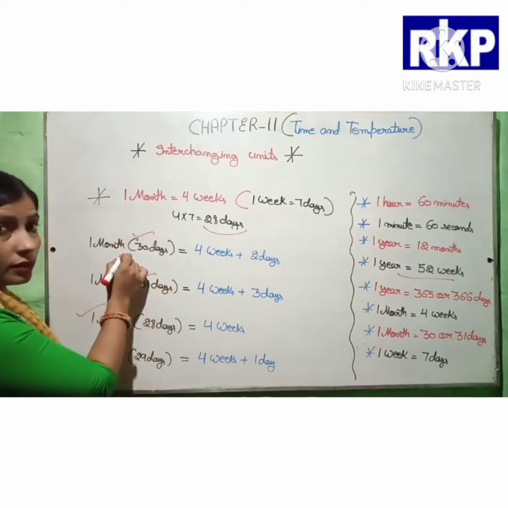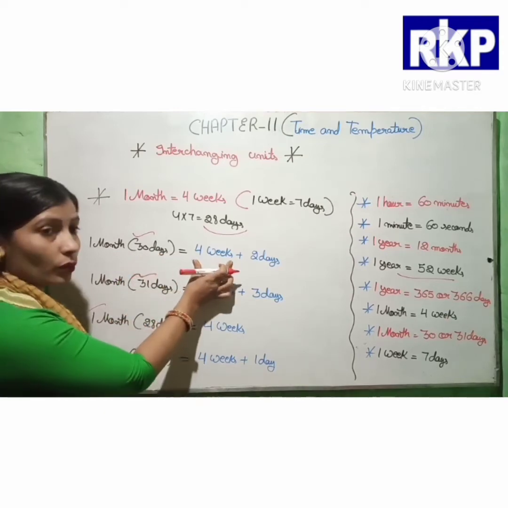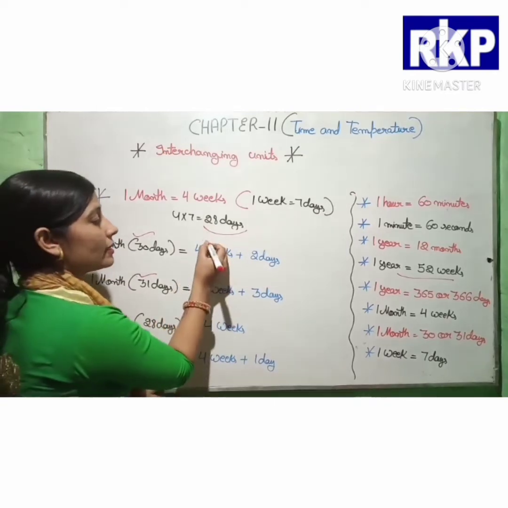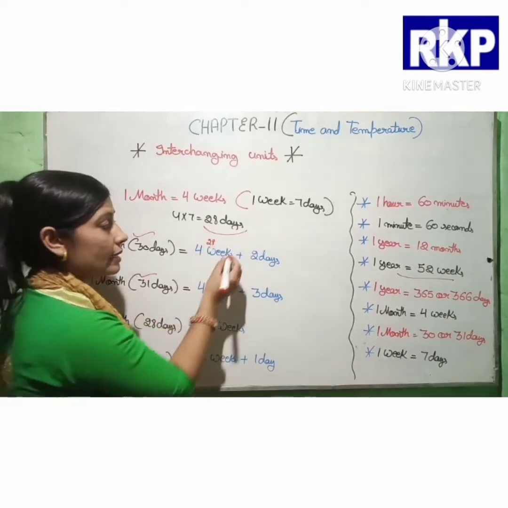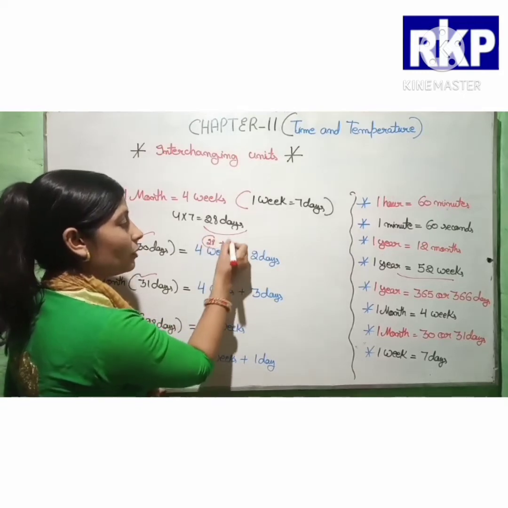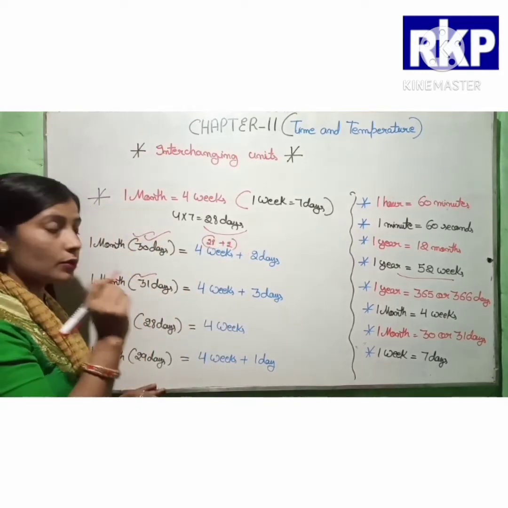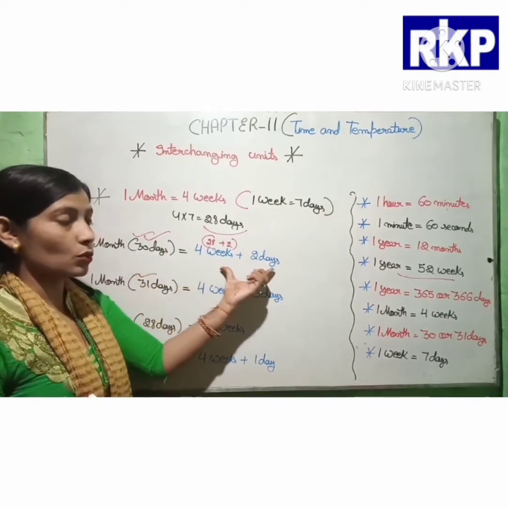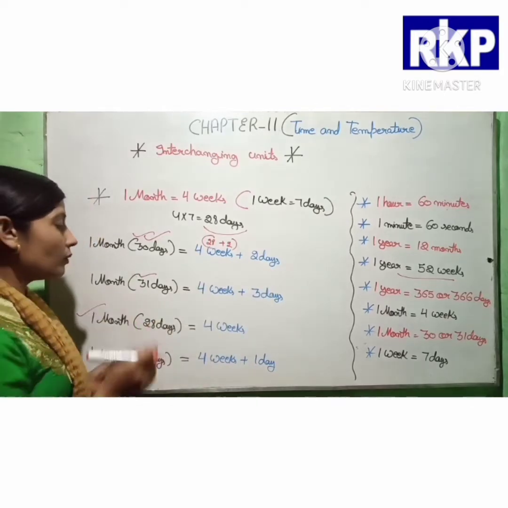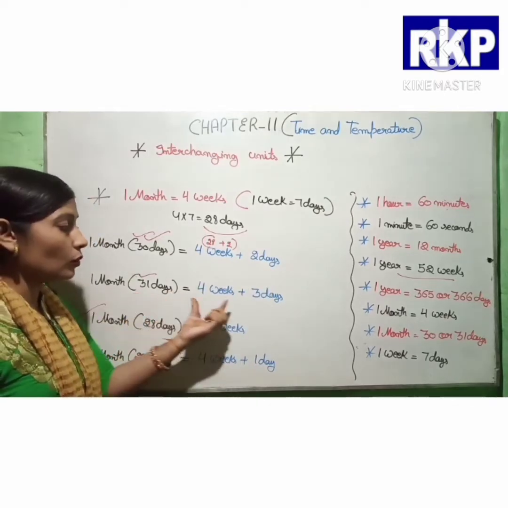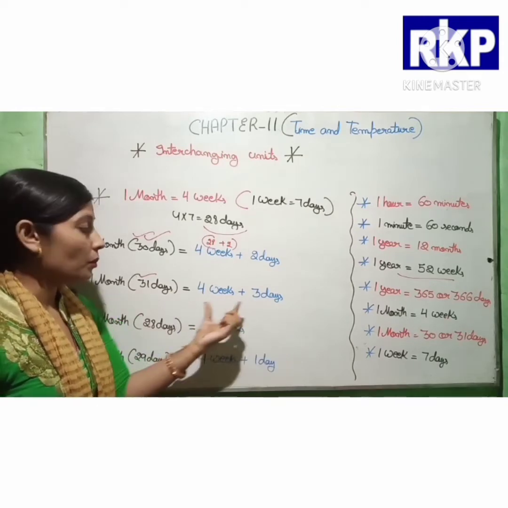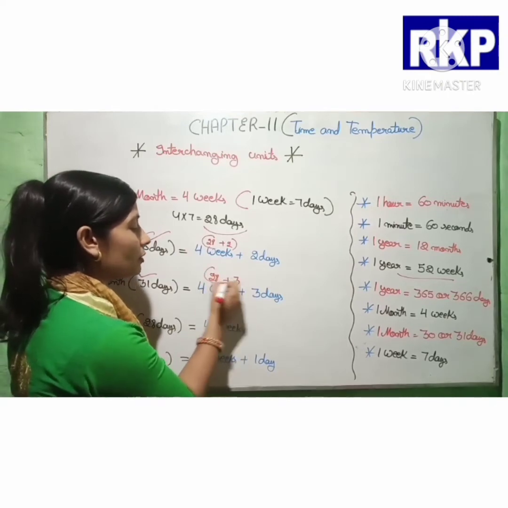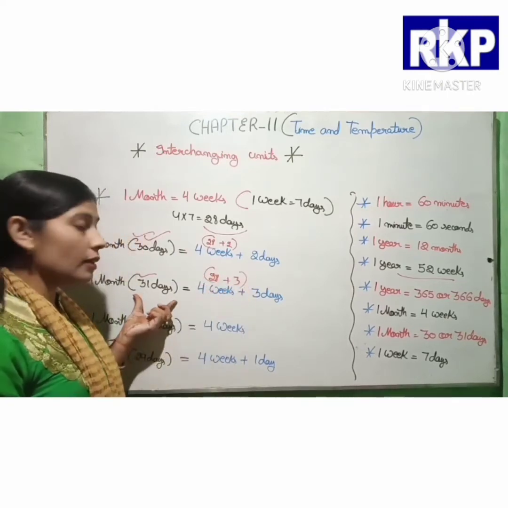So 1 month with 30 days is equal to 4 weeks plus 2 days, because 4 weeks means 4 multiplied by 7, 28 days, and 28 plus 2 will be 30. And 1 month with 31 days is equal to 4 weeks plus 3 days, because 4 weeks is equal to 28 days and 28 plus 3 will be 31 days.